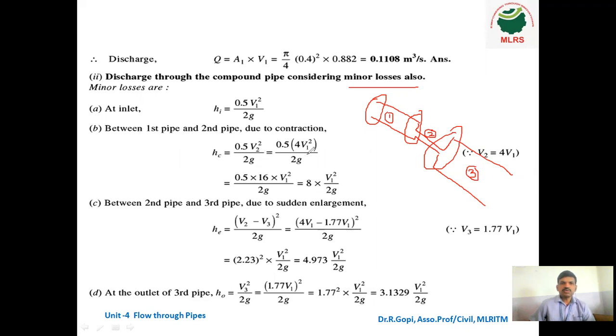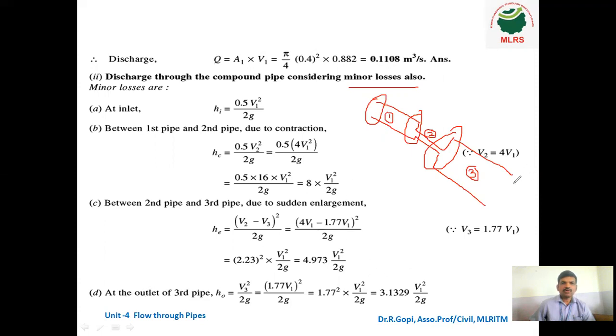V2 we know already, it is 4 times V1. Third, between the second pipe and the third pipe, it is a sudden enlargement. We know the sudden enlargement formula, V2 minus V3 the whole square divided by 2g. Substitute V2 is equal to 4V1, V3 is equal to 1.77 V1, the whole square divided by 2g. Simplify the equation, and we get each term in terms of V1.